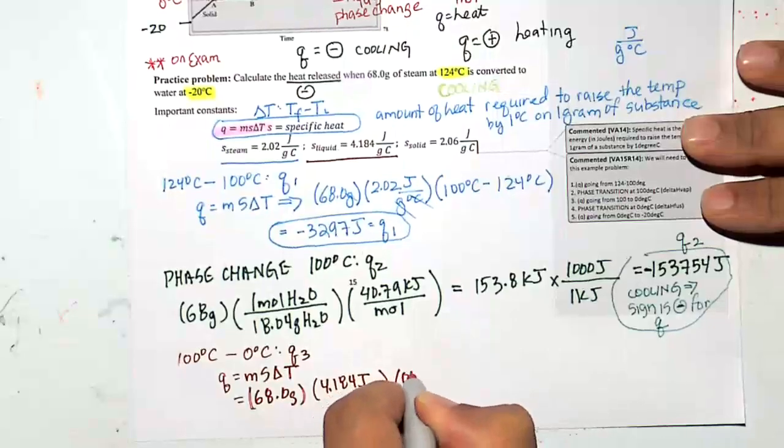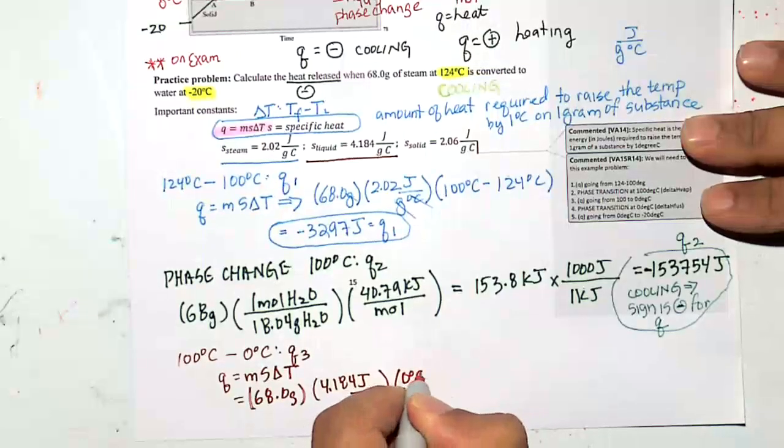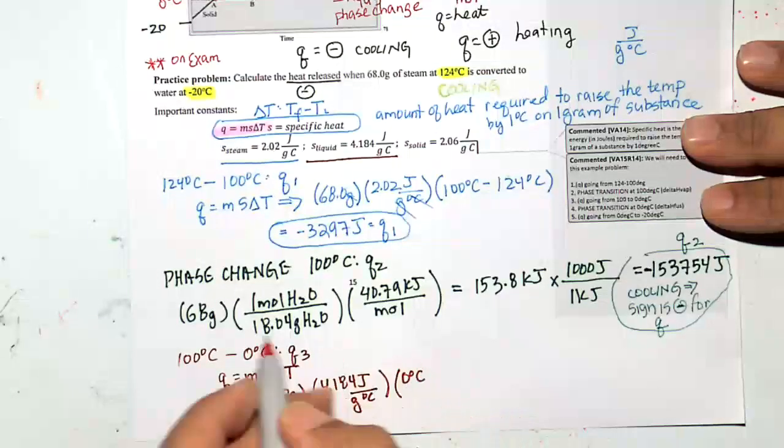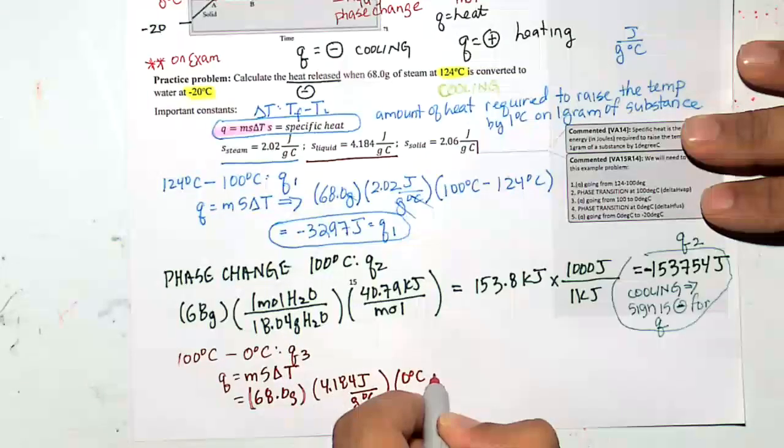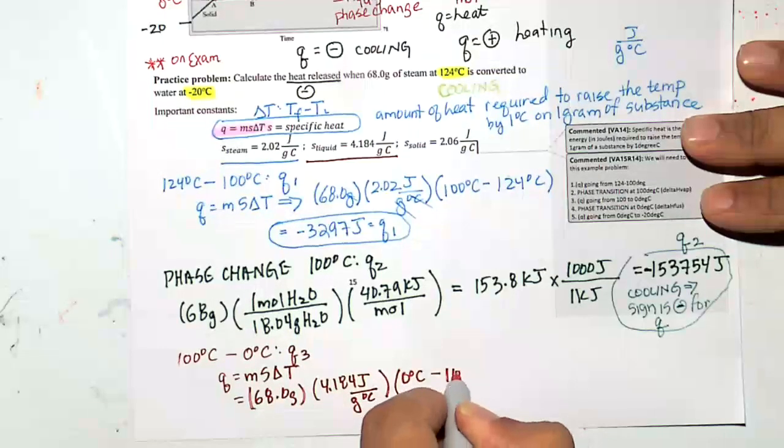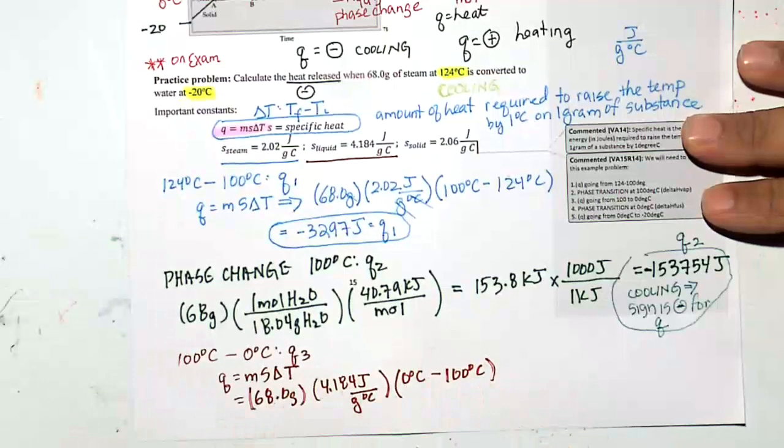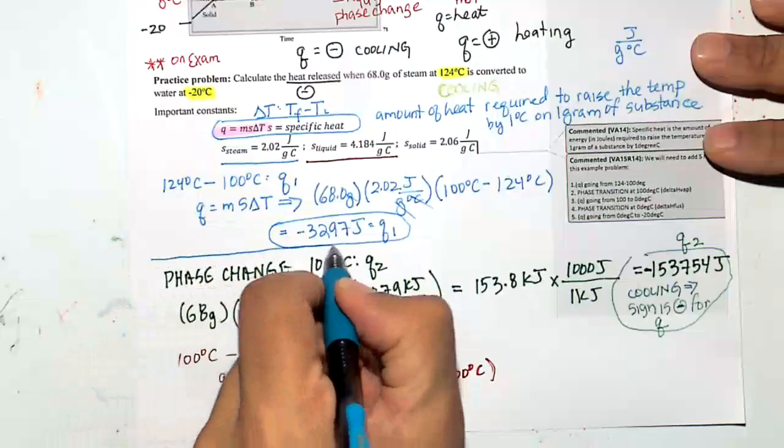What's our final temperature? 0. What is our initial temperature? 100 degrees C. So this is Q3.